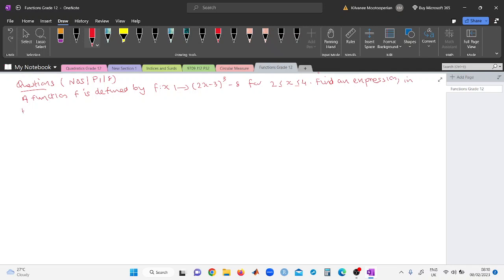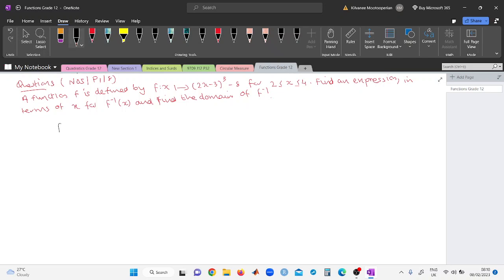in terms of x for f inverse of x and find the domain of f inverse. Ok? Donc là, il demande function. Vous pourrez écrire les.